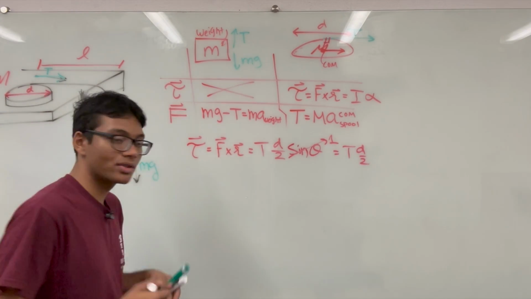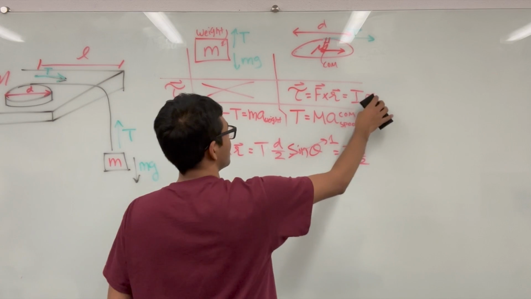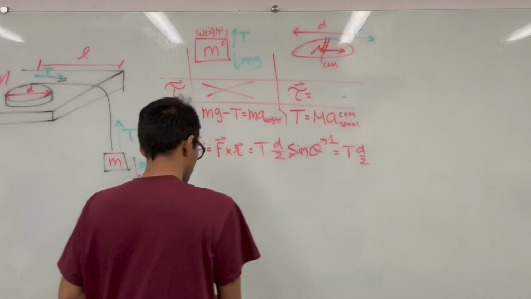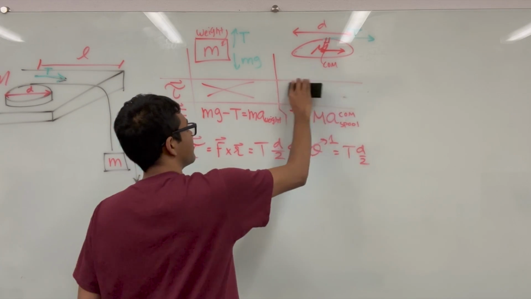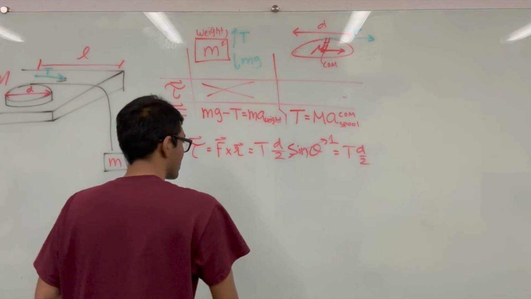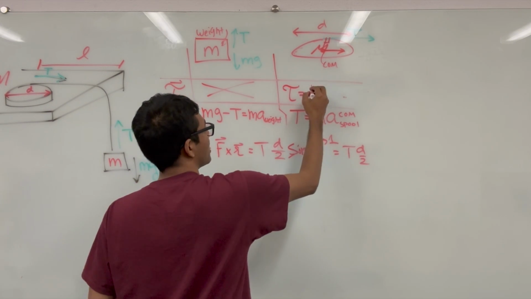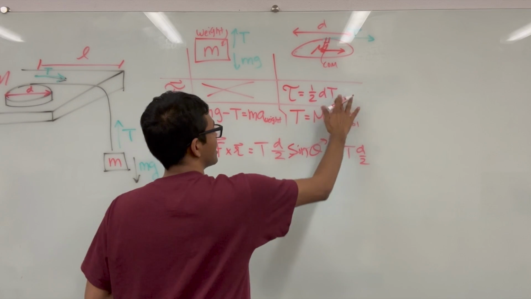So that is going to be the torque acting on our spool. I don't even need a vector symbol here because I'm working in just one dimension. So the torque acting on my spool is going to be 1/2 d times the tension force.